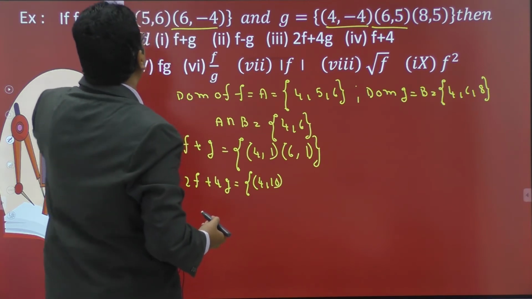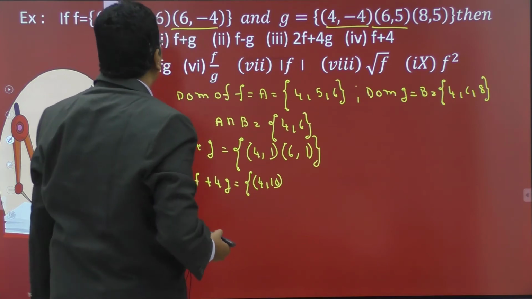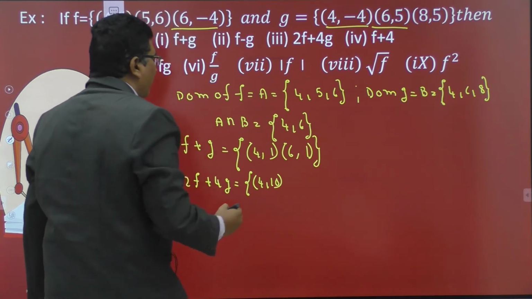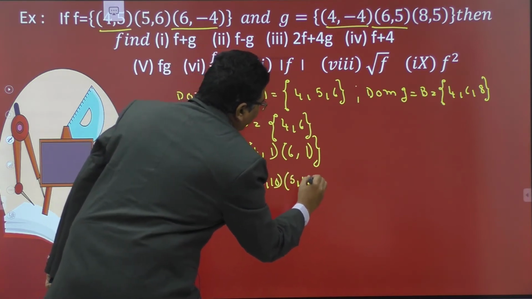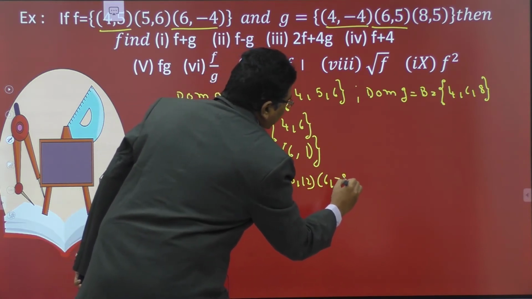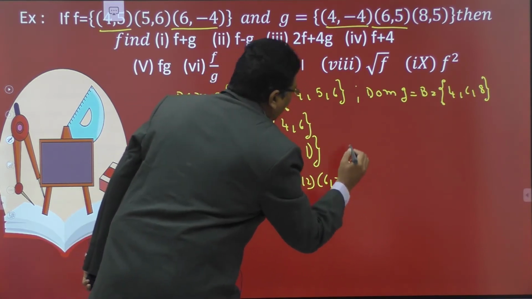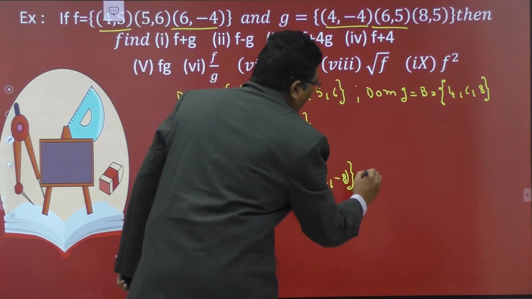Multiply 2 by the second components of the ordered pairs: (4, 10), (5, 12), and (6, -8). That is 2f.